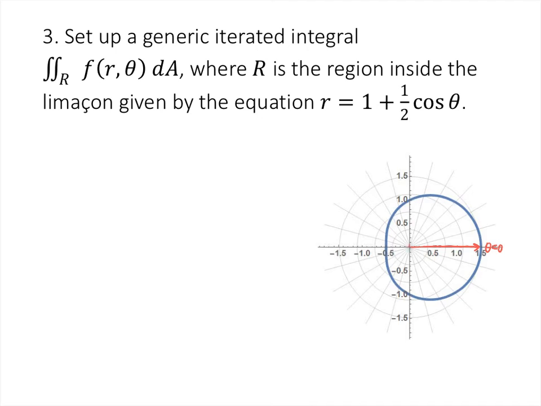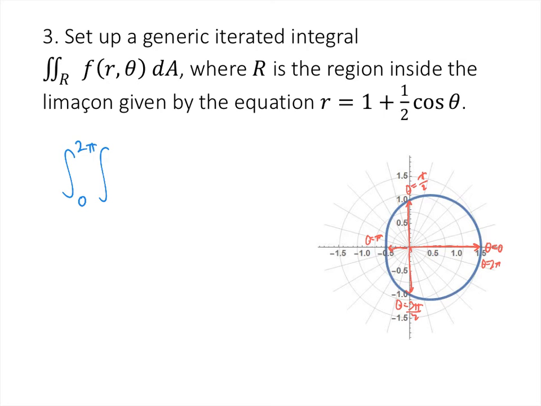And if I continue to go around, this will be where theta equals pi over 2, theta equals pi, theta equals 3 pi over 2, and then all the way back around to the beginning where theta equals 2 pi. So since I want the region inside this entire curve, my theta is going to go from 0 to 2 pi.